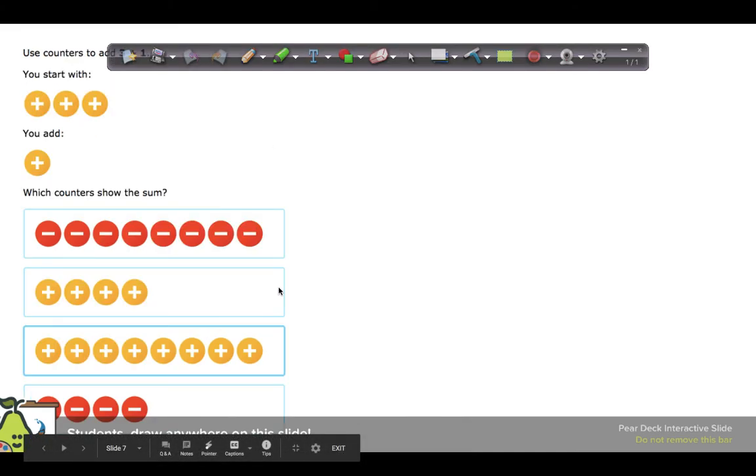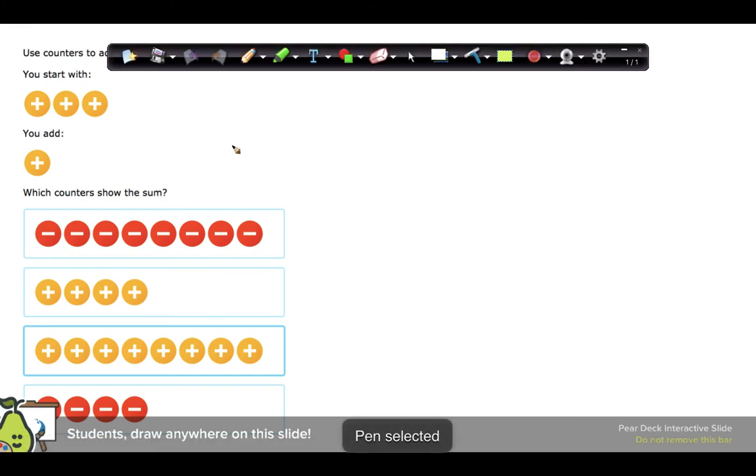Slide 7. We did this one because sometimes when we learn something new, it mixes with what we thought we knew, and then we get mixed up. But it's true that 3 plus 1 still equals 4.